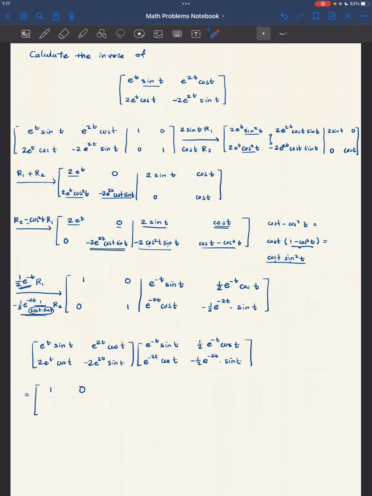Now, this row against this column. I multiply this and this, it becomes 1. I multiply this against that, I have cosine t sine t. Of course, I have it twice because of this factor that I have.